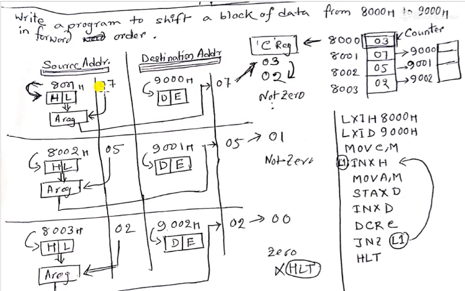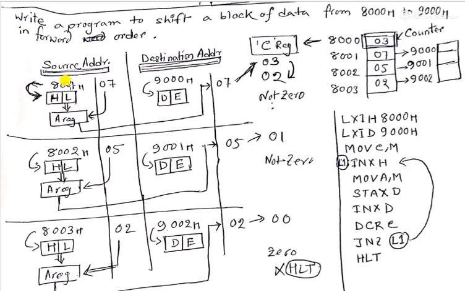So we move this value to the accumulator, because for transferring any data we have to use the accumulator, like LDA, STA, LDAX, STAX. That means whenever we load or store data, we have to use the accumulator.